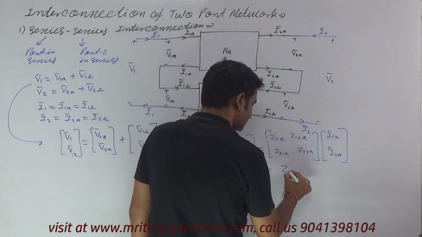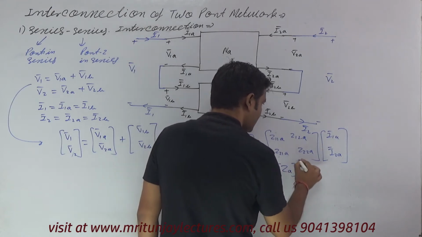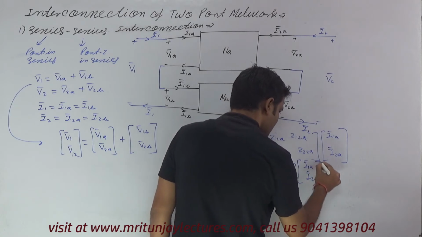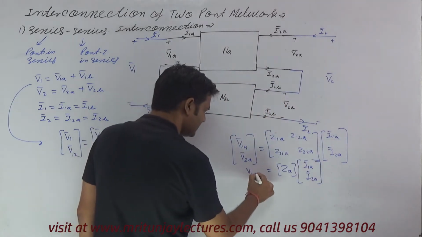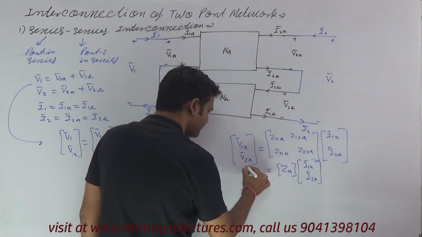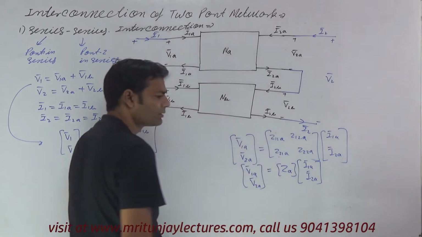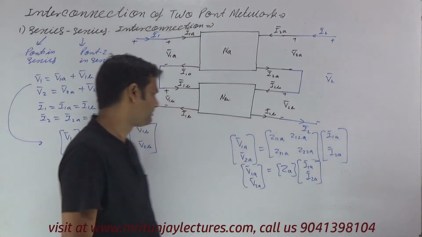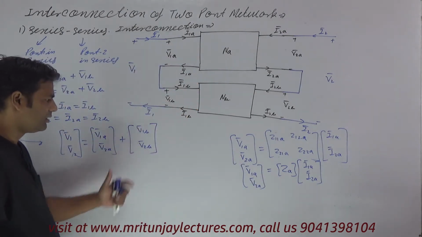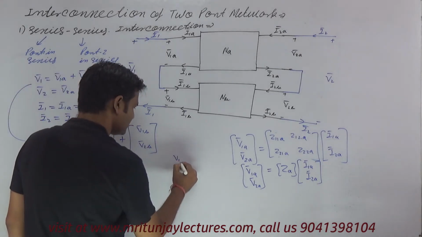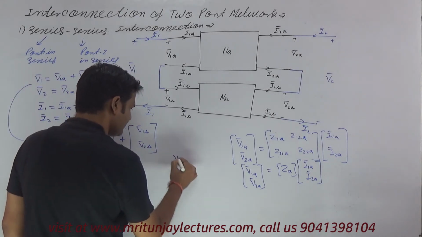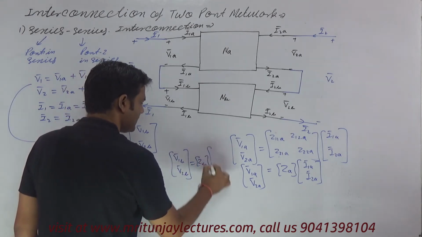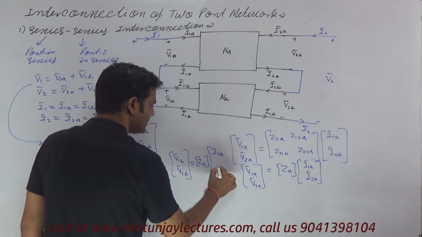Means this is ZA, and that is I1A and I2A, and that is V1A and that is V2A. Okay, means this one is written as corresponding to this one. Similarly, this one is also written as ZB and I1B and I2B.